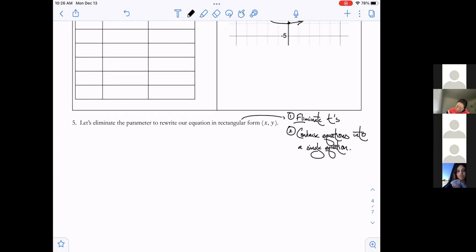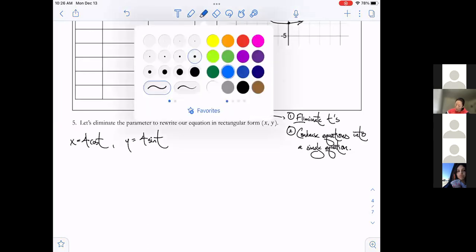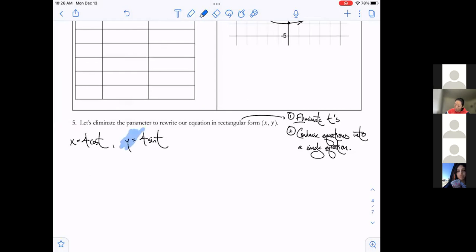And so what did we start with here? We started with x equals 4 cosine t and y equals 4 sine t. All right. And so we have two equations, we have our blue one and we have our pink one. And I want to get rid of the t's, and I only want one equation.